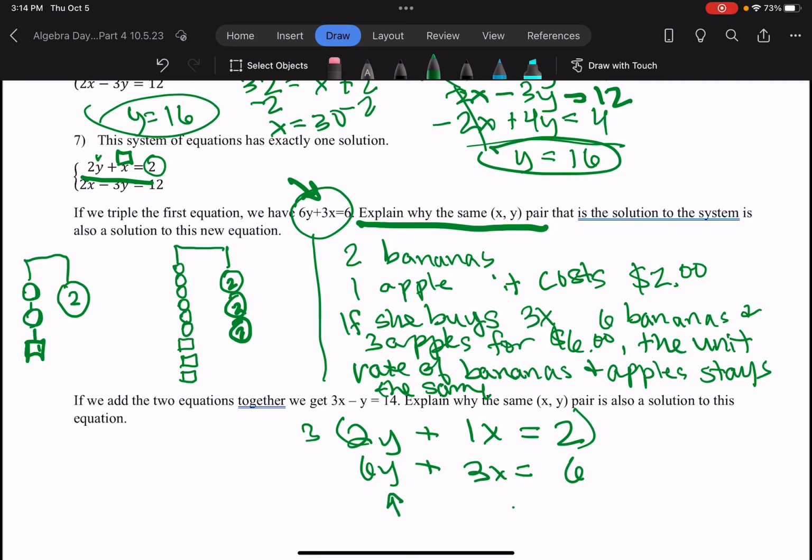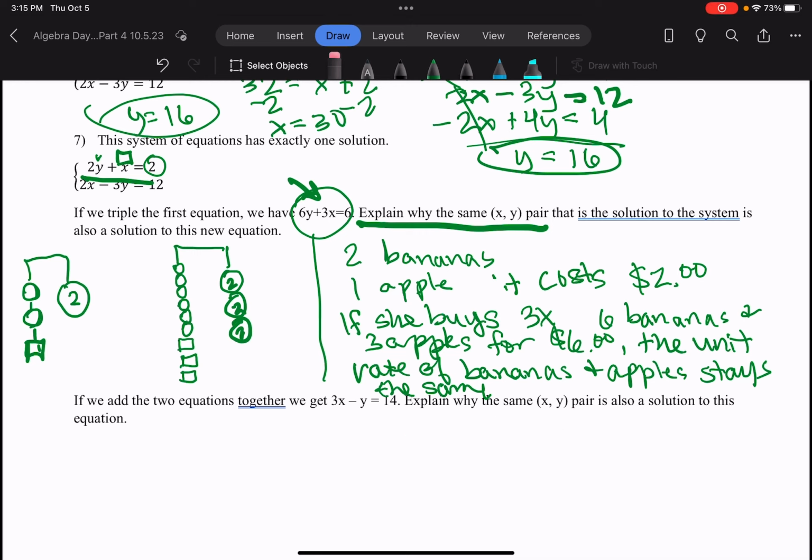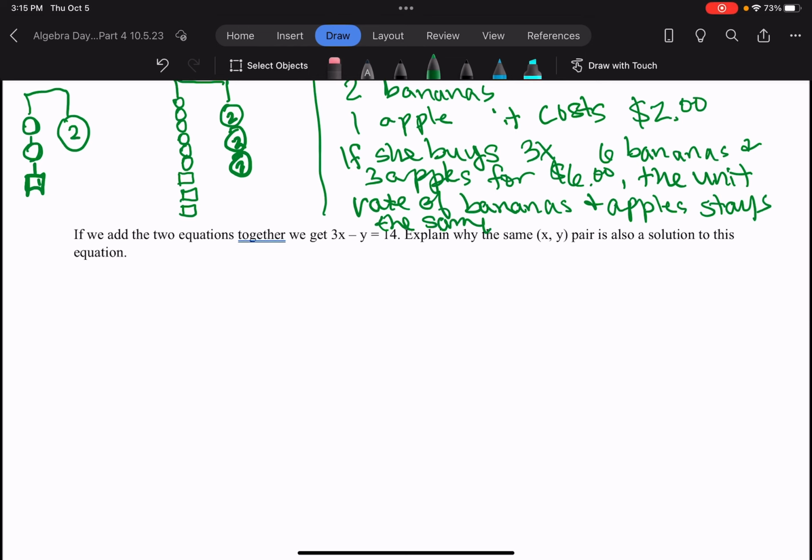The value for x and y that will work for both of them will still be the same. So those are 2 ways that you can do it. You can either prove it by explaining it as a situation, or you can prove it by showing me the hanger diagrams.